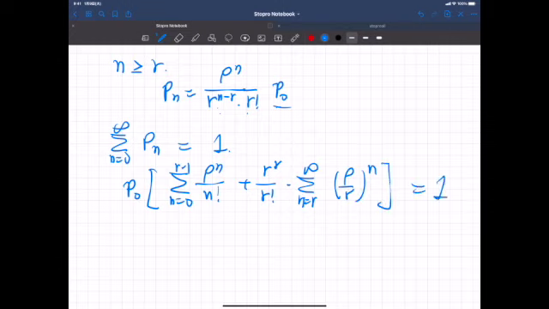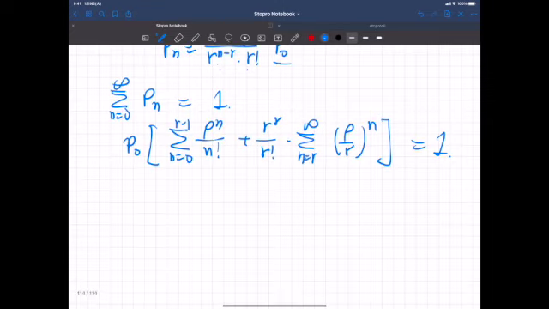So this should be equal to 1. And so p0 is 1 divided by all these terms. It's not pretty, but that's the result.